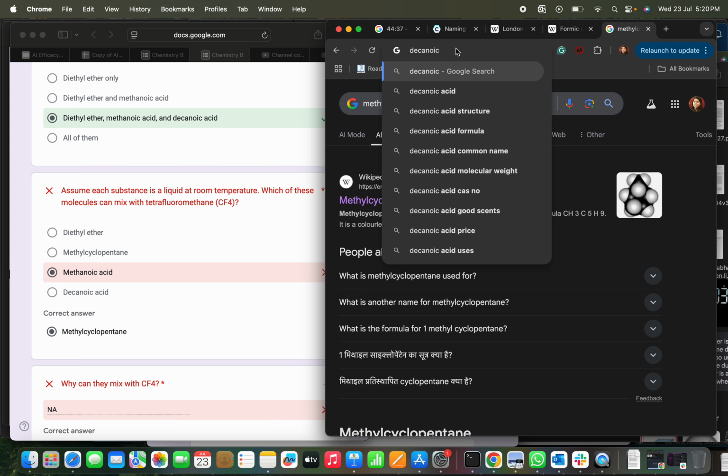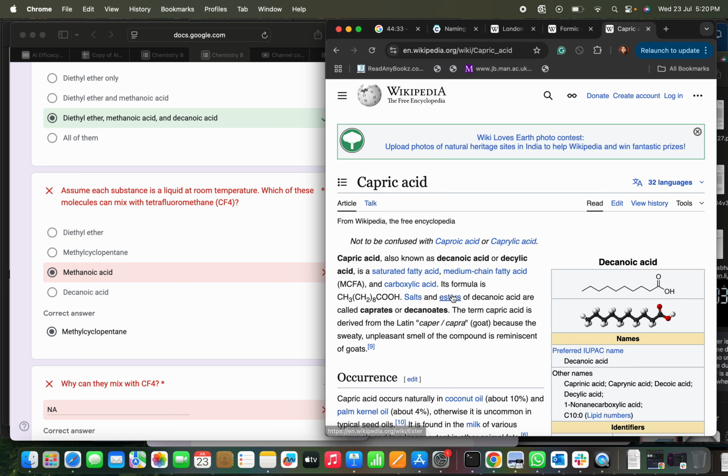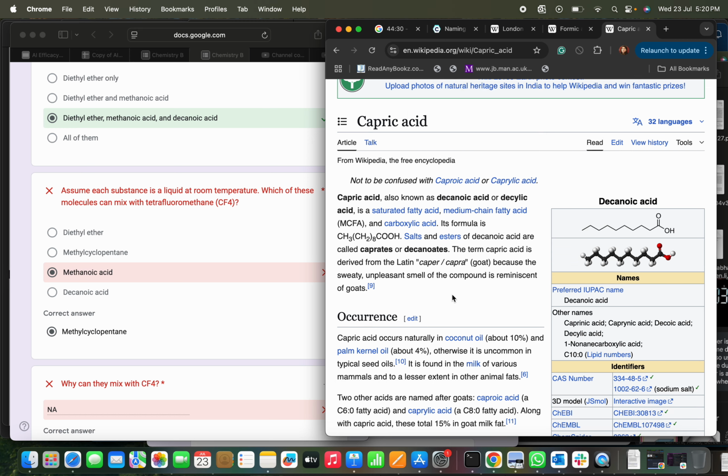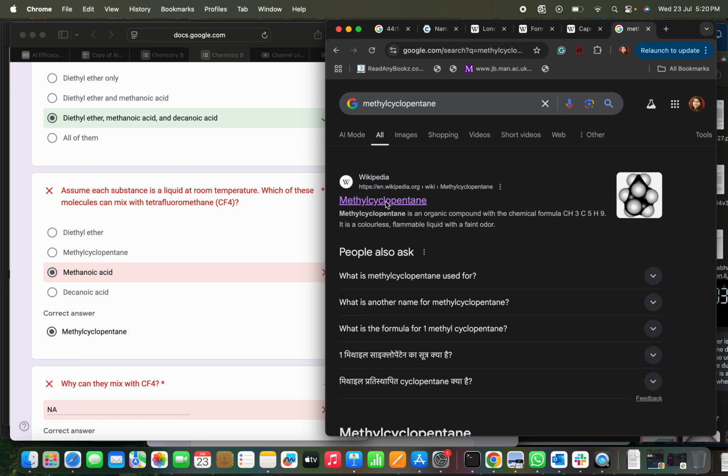Decanoic acid, or capric acid, is a medium chain fatty acid. Okay. What about methylcyclopentane? They all are acids and CF4.